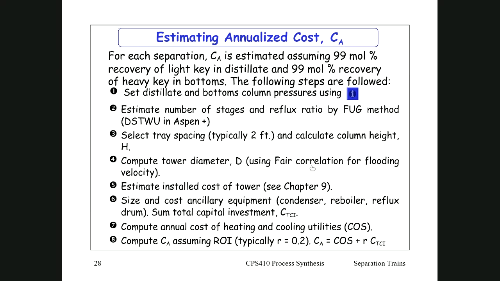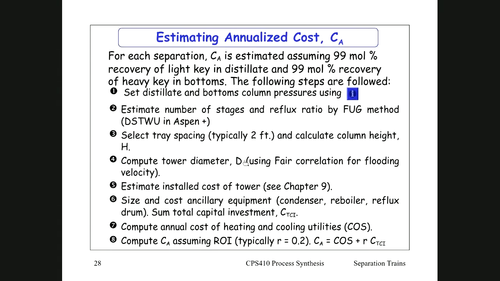So if you've got too much vapor for a certain diameter, then you will get entrainment of the liquid into the tray above it. And so the Fair correlation will say how big the diameter must be so that you don't get that entrainment of the liquid into the column above it.